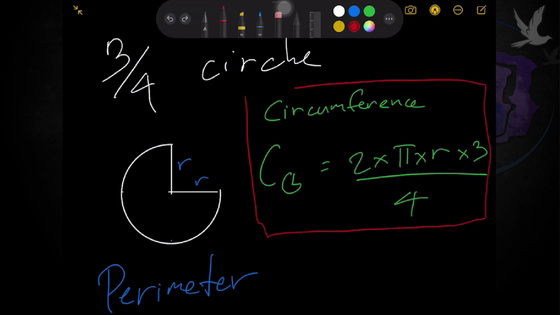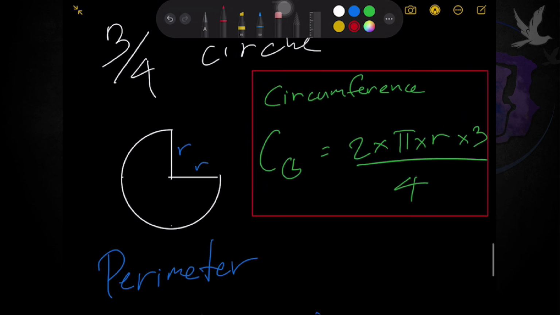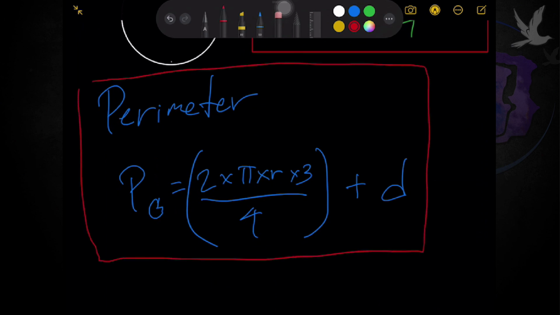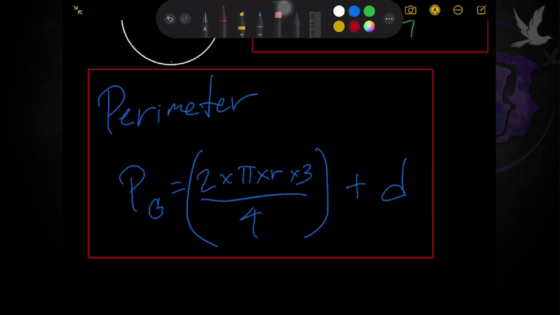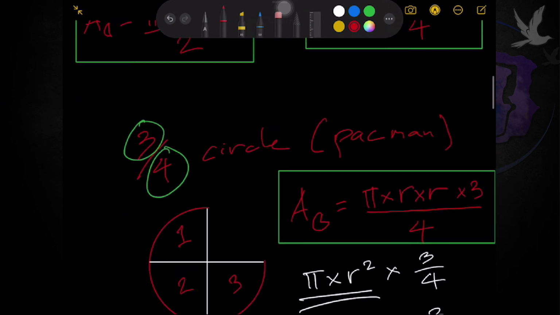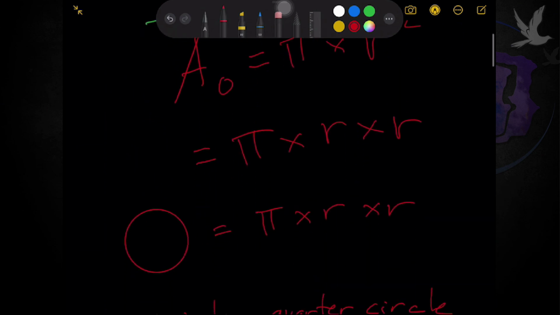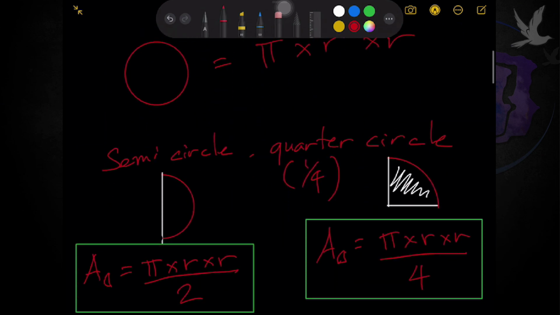Teka lang kasi i-square natin yan. Rectangle pala. I-box natin, in other words. There. Try natin i-number yung number formulas that we ended with. We started with the area of a circle, already having the original formula.